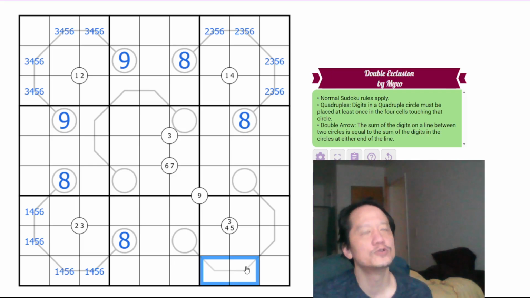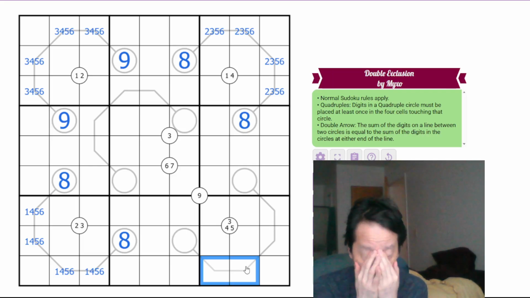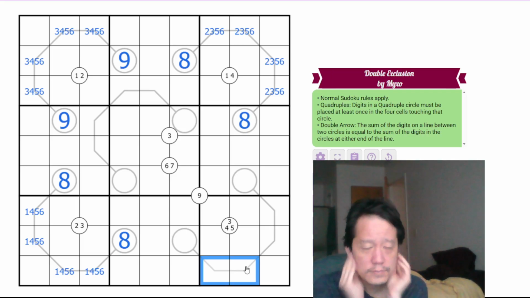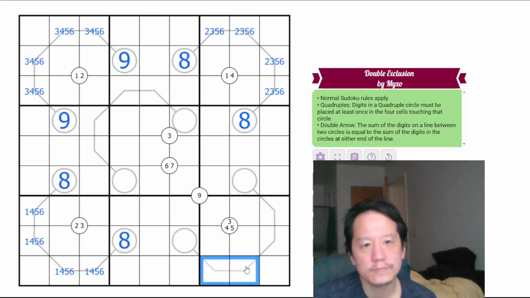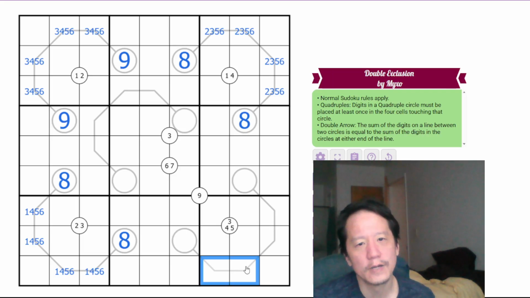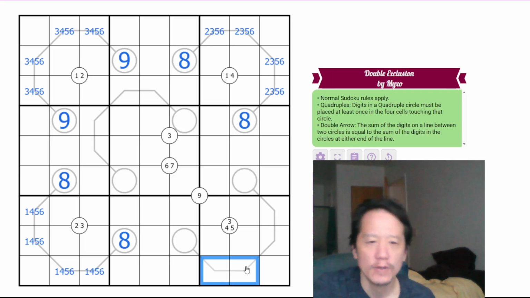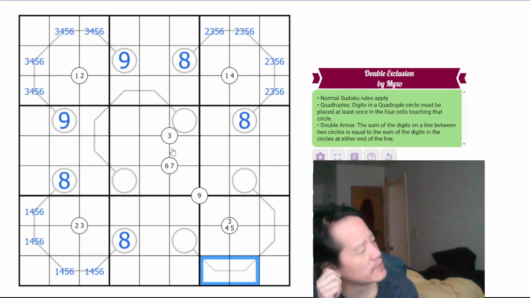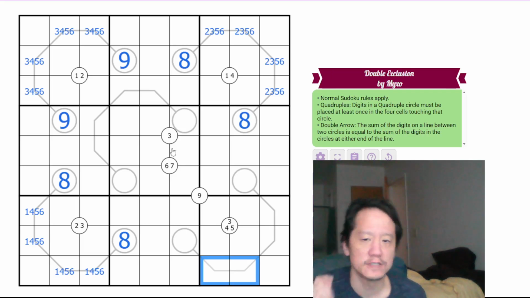Well, that adds up to 16, right? 1, 2, 6, and 7 adds up to, it's 3 plus 13, it's 16 at least.